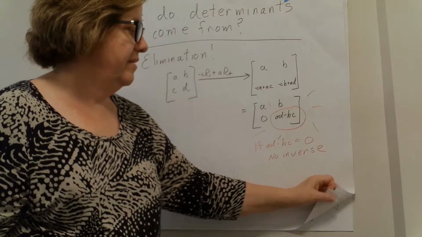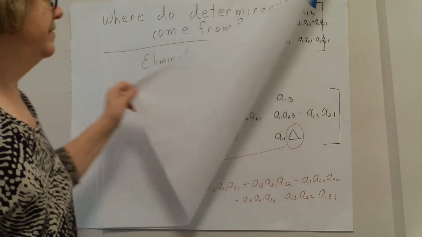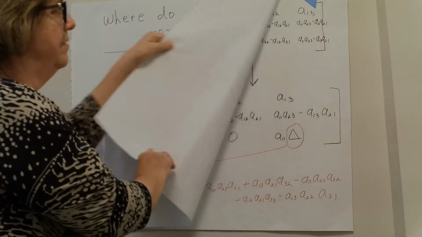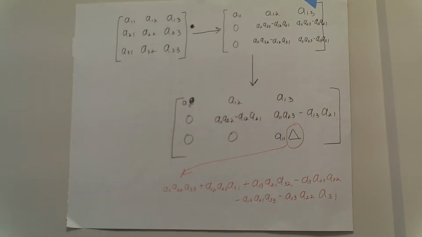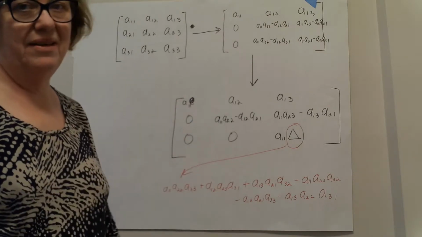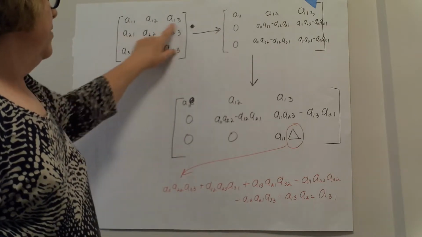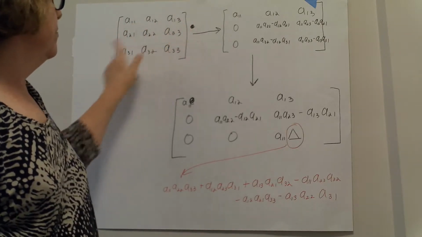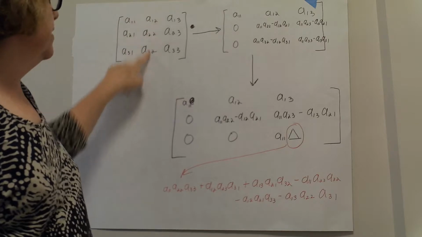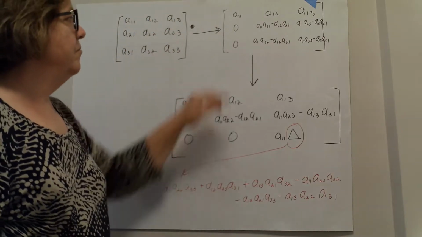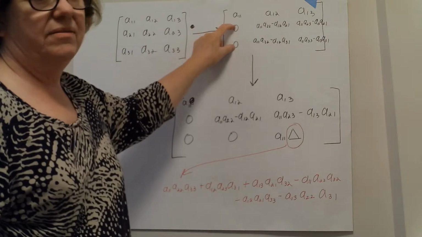Okay, so let's be brave. We did a 2 by 2. Let's do a 3 by 3. And you can see how complicated it gets, how quickly. So here's a 3 by 3. First row, second row, third row, first column, second column, third column. Okay. So we want to do our usual elimination.